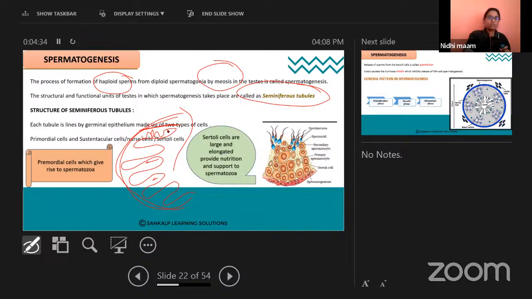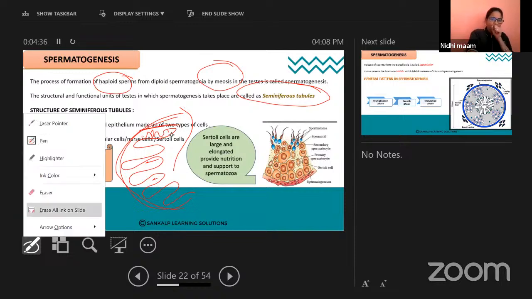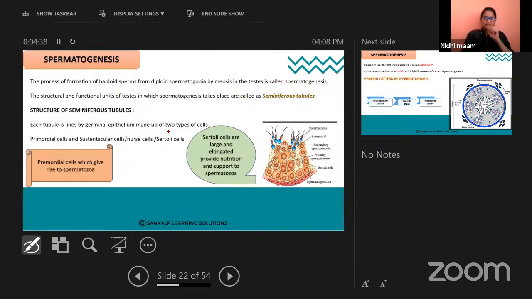So how does a seminiferous tubule look? This is a part of a seminiferous tubule. The seminiferous tubule has one lining, referred to as the germinal epithelium, the lining of the seminiferous tubule.